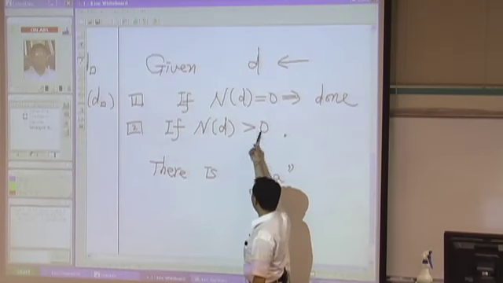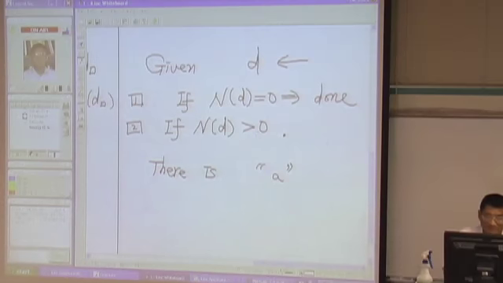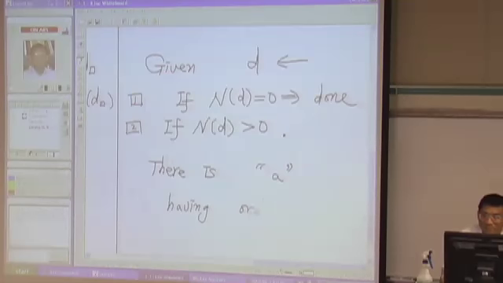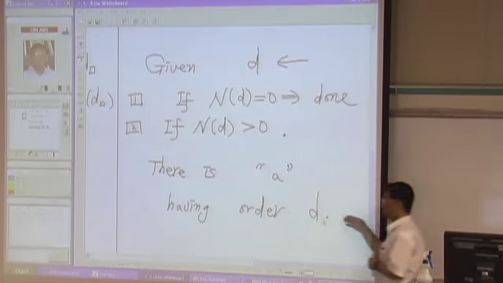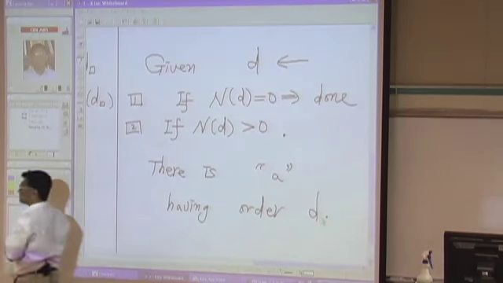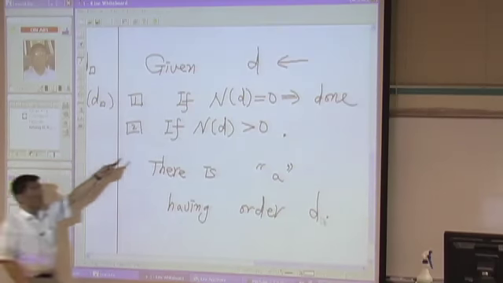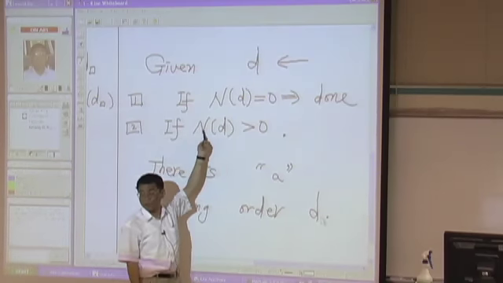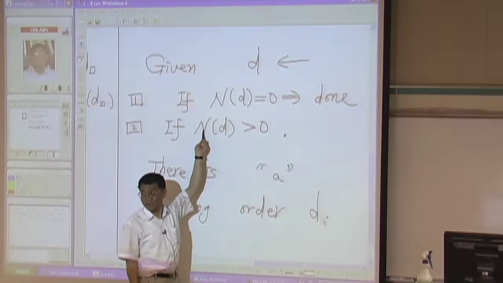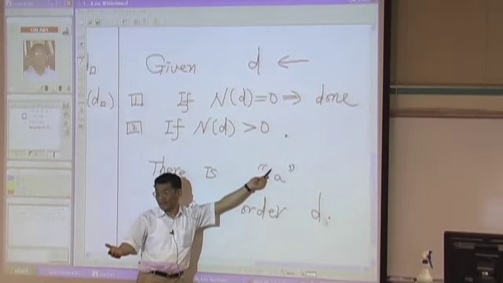So let's call that element a. If you don't understand, you can ask me. Because n of d is greater than 0, there is at least one element having order d, and we call that element a.